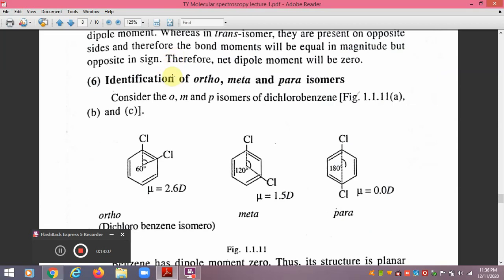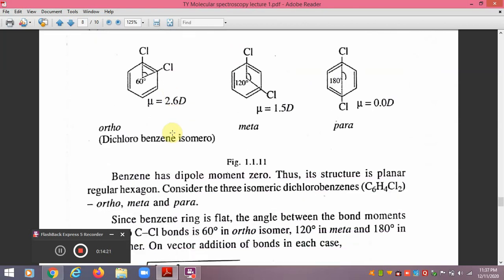Again, the dipole moment is also used to identify the different isomers of disubstituted benzene. So let us consider the ortho, meta and para isomers. Actually, benzene is a symmetrical planar hexagonal structure in which the dipole moment is 0.